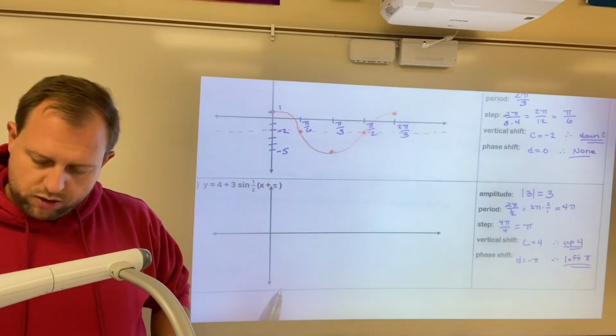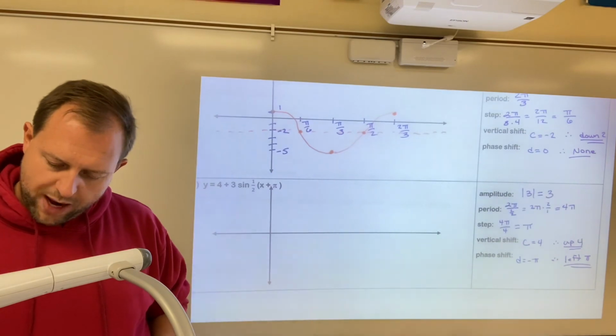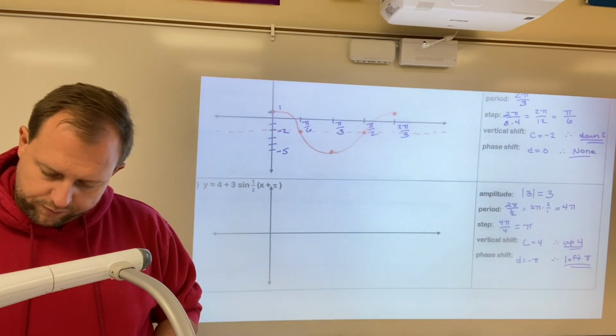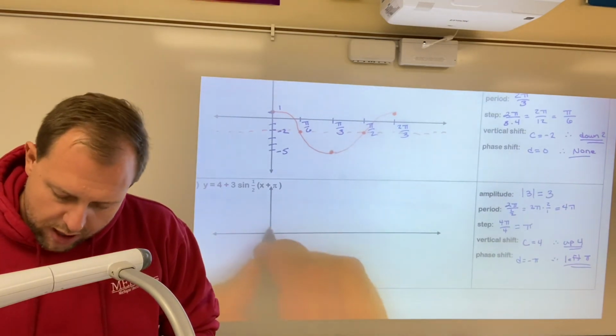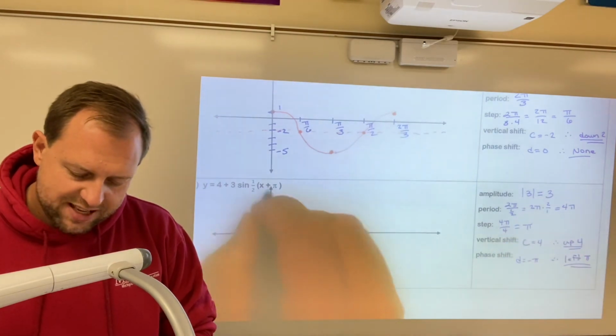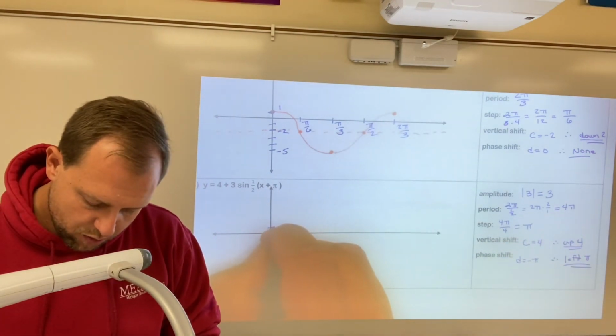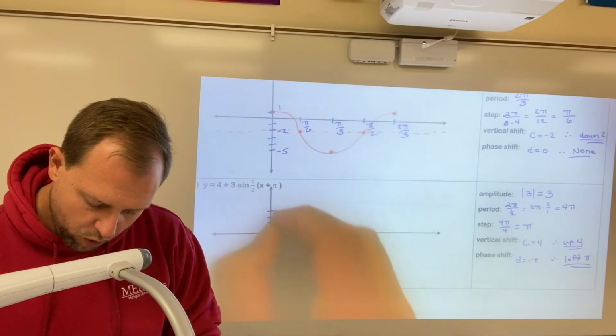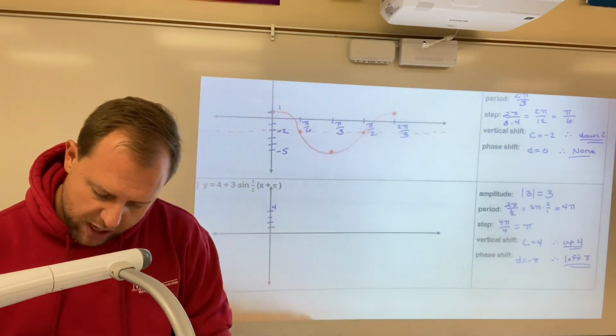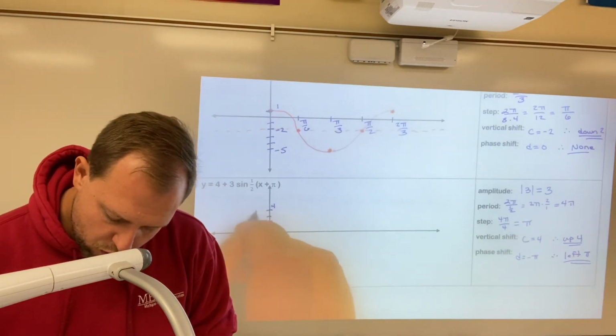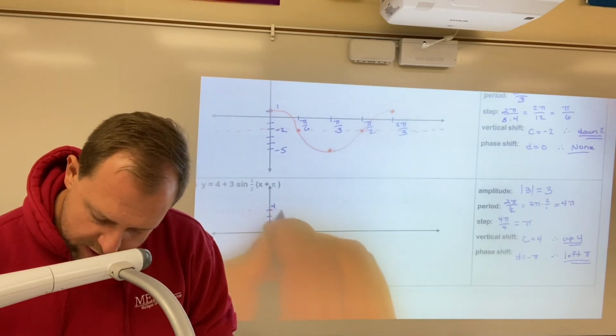And we go to graph. So let's put in our new axes. So we're going up 4, and I have an amplitude of 3, so I gotta get 7 on this line total. 1, 2, 3, 4 is where my new axis is.